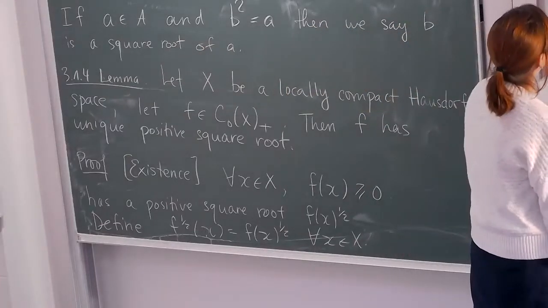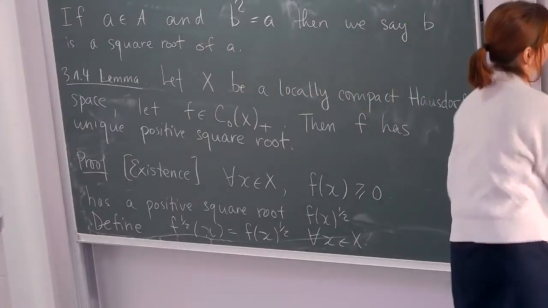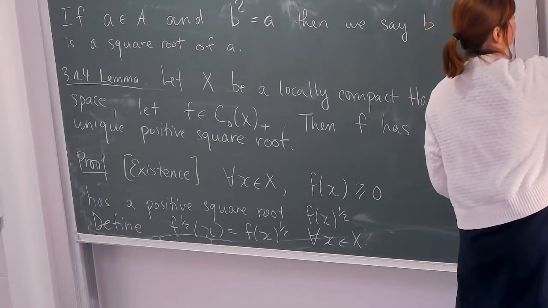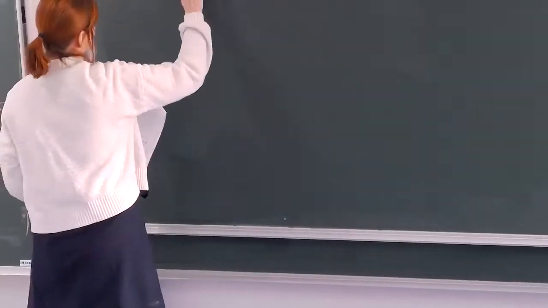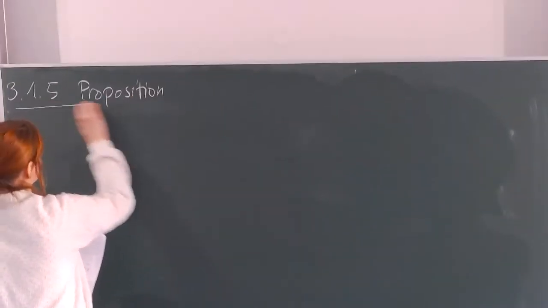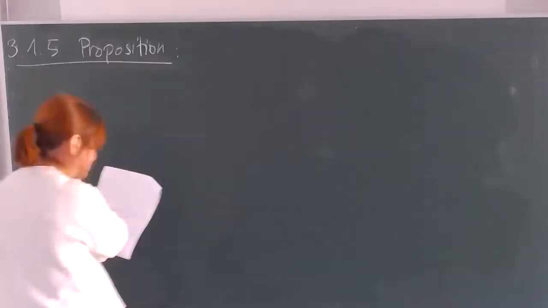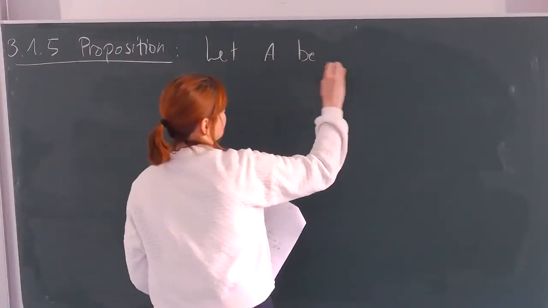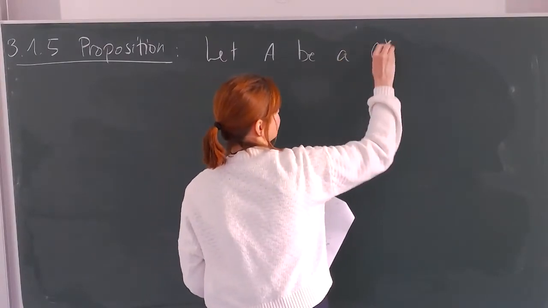And that allows us to prove the following. Every positive element in a C-star algebra has a positive square root.